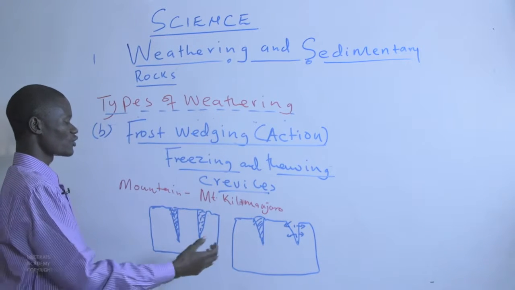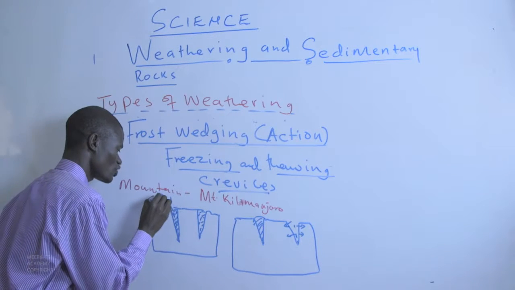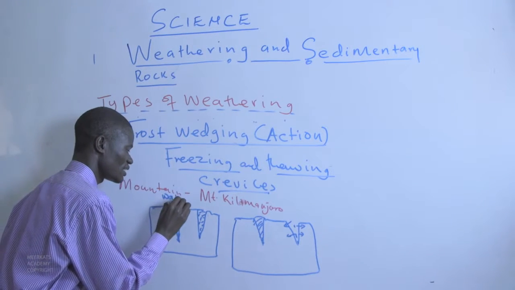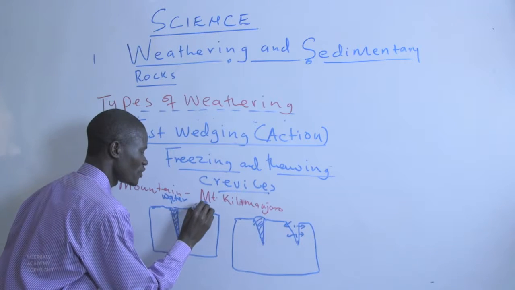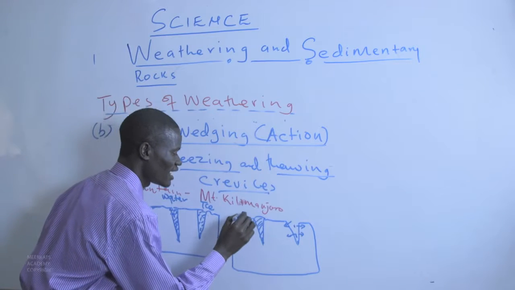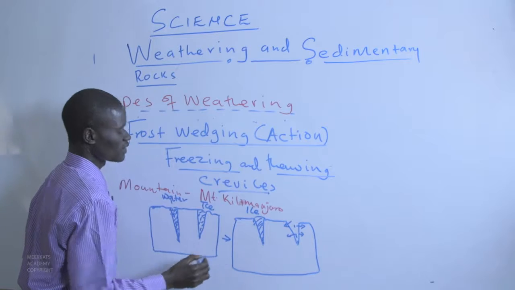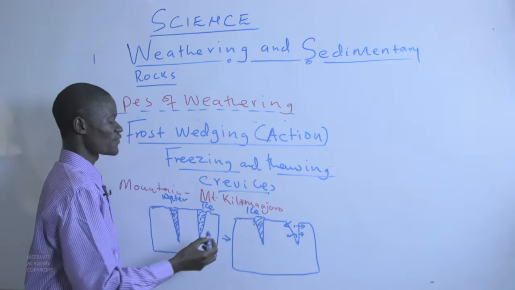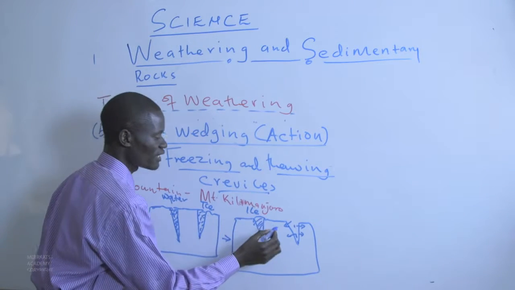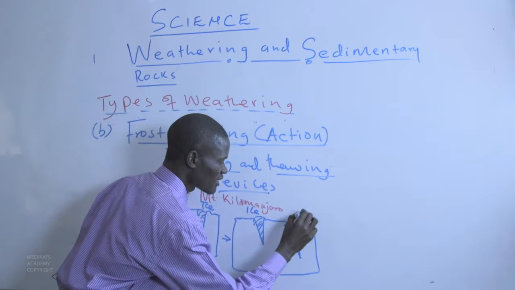The water has accumulated in the crevice, and then it forms what we call ice. When the ice is formed, it may melt during the day and freeze during the night. Therefore, in the process, it will enlarge this crevice.